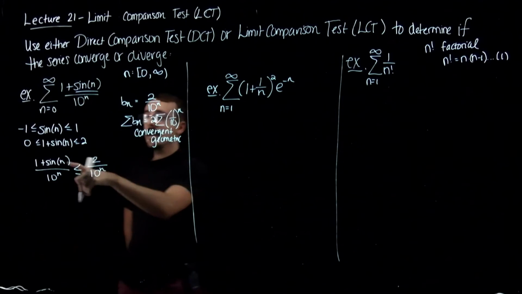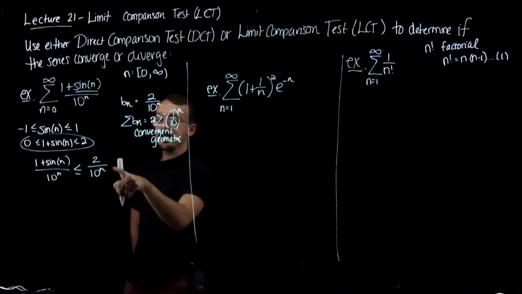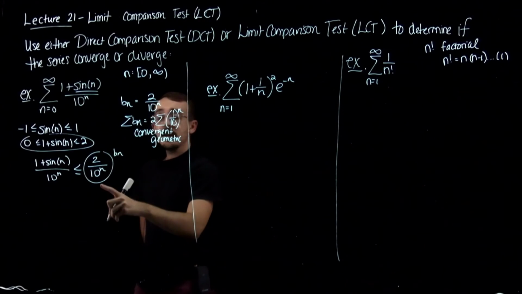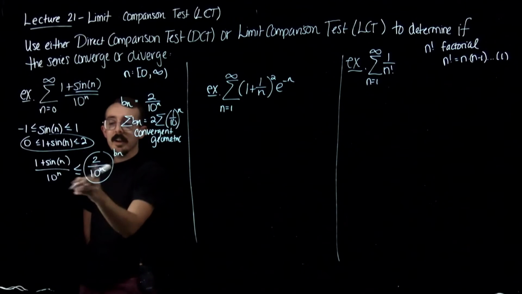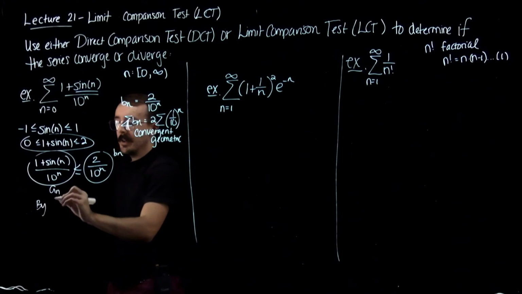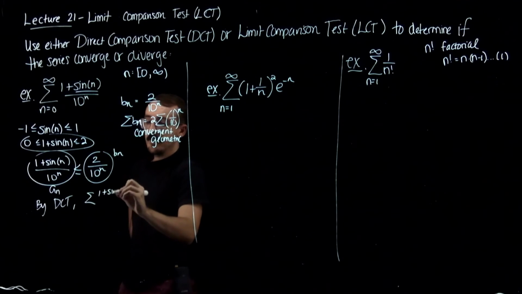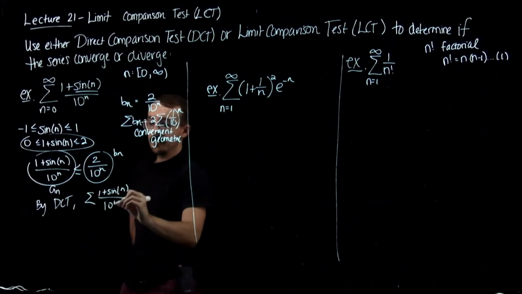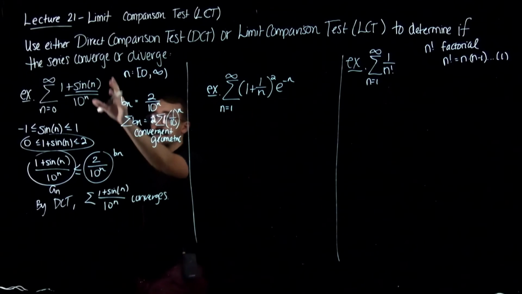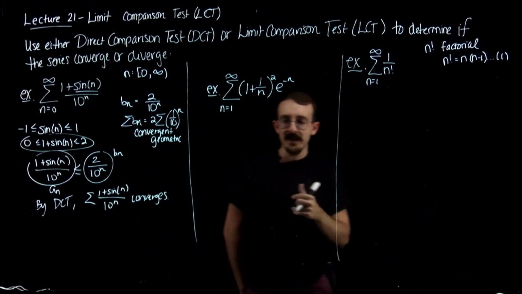And that's my b sub n. So because I know this numerator is less than or equal to 2, and this is my b sub n, here I have a convergent series, and now I'm less than something that's convergent. So by the direct comparison test, the original series converges. I've shown that what I started with is less than a convergent series.